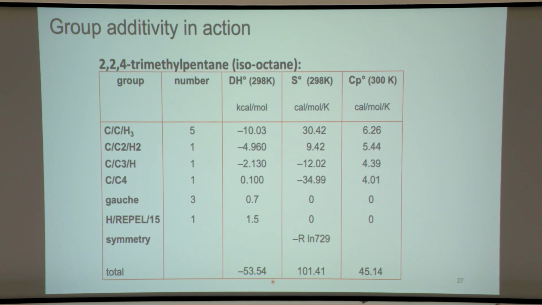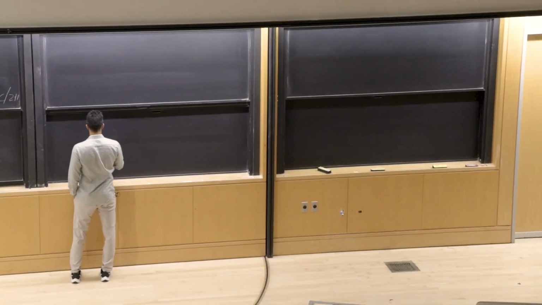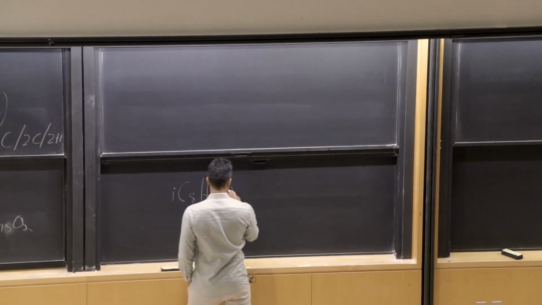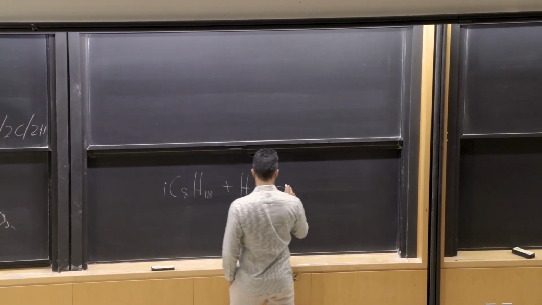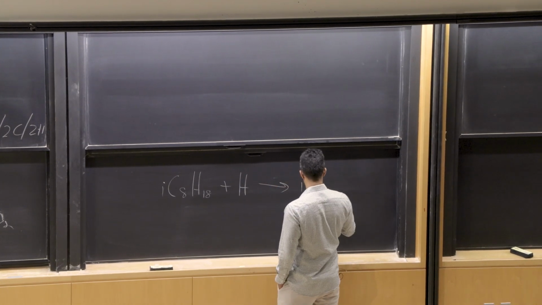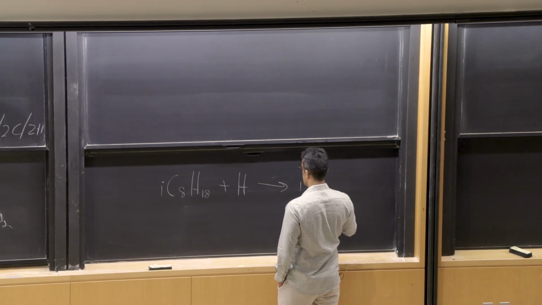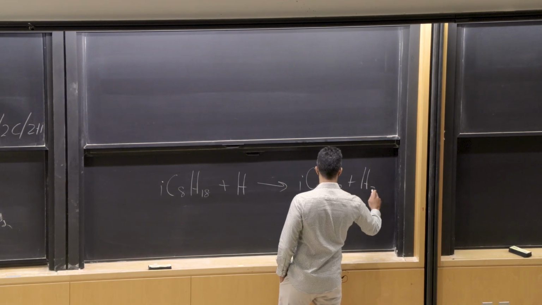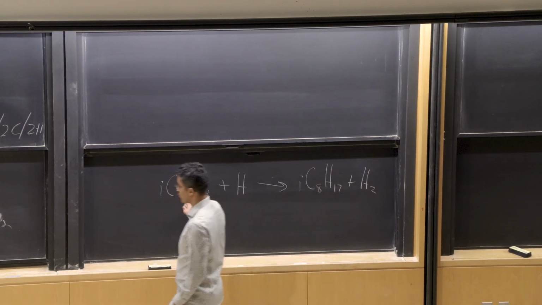Now, some people get lazy, okay, and you see some mechanisms. They don't want to deal with all this stuff. This is the hydrogen abstraction from isooctane.